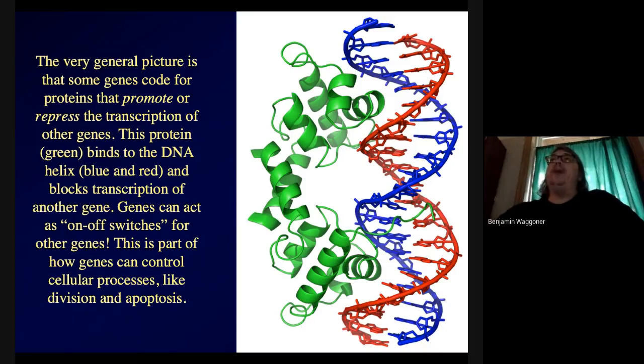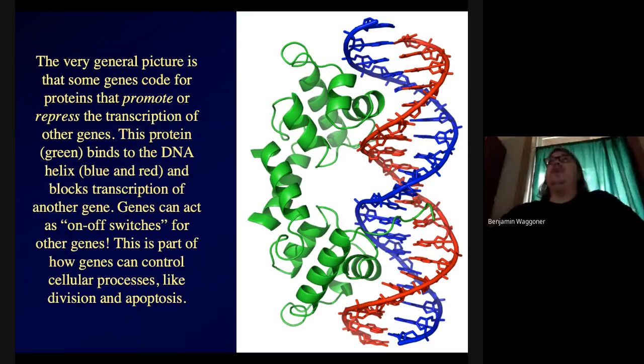Most of the cells in your body contain all of the DNA that the original fertilized egg had. It's just that the genes that each cell isn't using are inactivated.